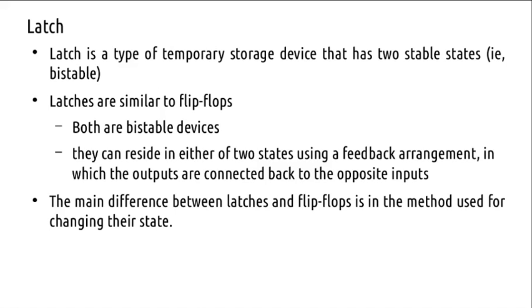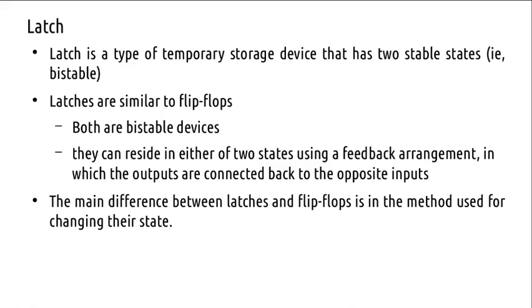As already mentioned, a latch has two stable states. It's called bistable. We'll see in electronic circuits that there are different types of circuits like bistable. You will learn a topic called multivibrators, where you will come across the bistable multivibrator, which has two stable states.